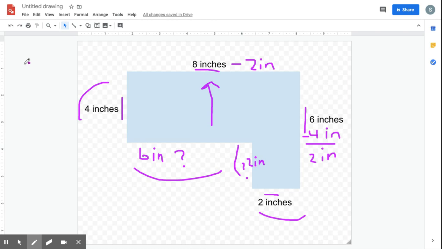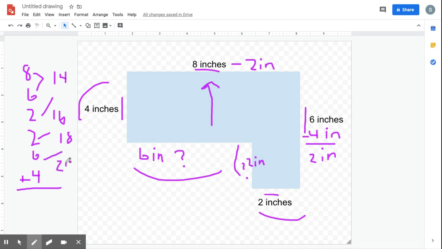We have this side 8, this side 6, this side 2, this side 2, this side 6, and then my last side of 4. 8 plus 6 is 14, 16, 18, 18 plus 6 is 24, and then plus 4 is 28 inches.